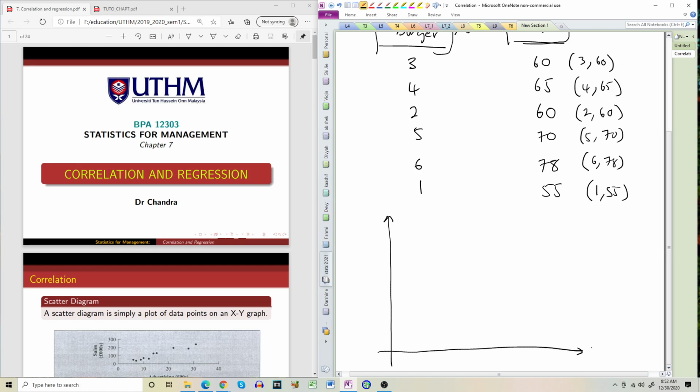So this would be my x, this would be my y. You can also write here number of burgers, the weight. Now this is 0.